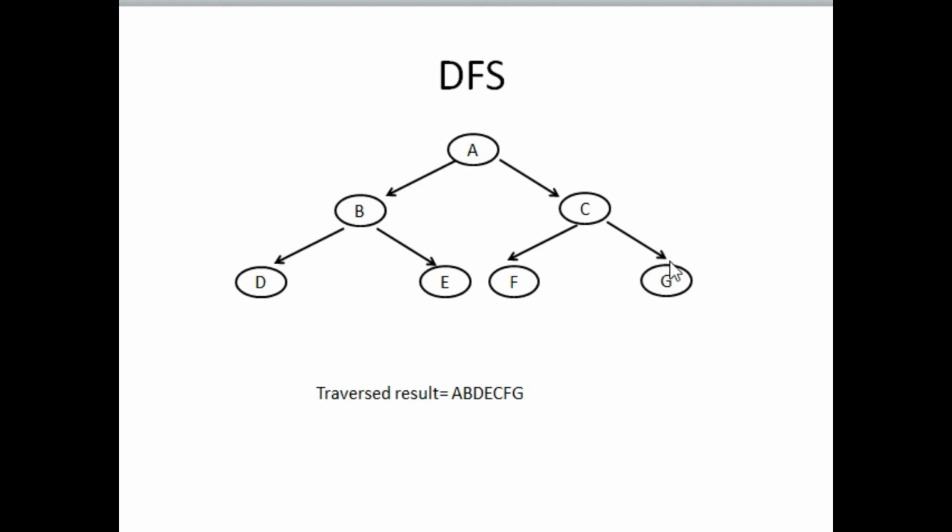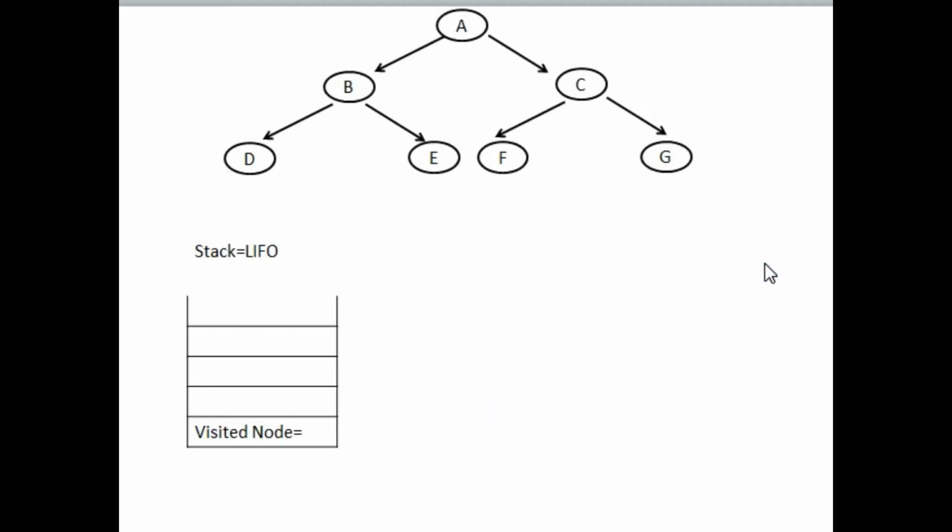Here is the resultant result for this tree by using depth first search. Now I will traverse this tree programmatically. In BFS we used the queue data structure, which is first in first out. For depth first search we will use a stack data structure, which is LIFO, last in first out. Here is the empty stack, which has no element, and the length of this stack is 4.